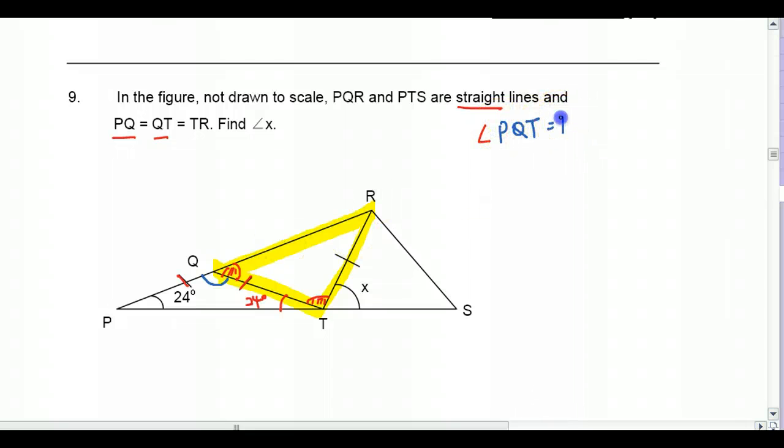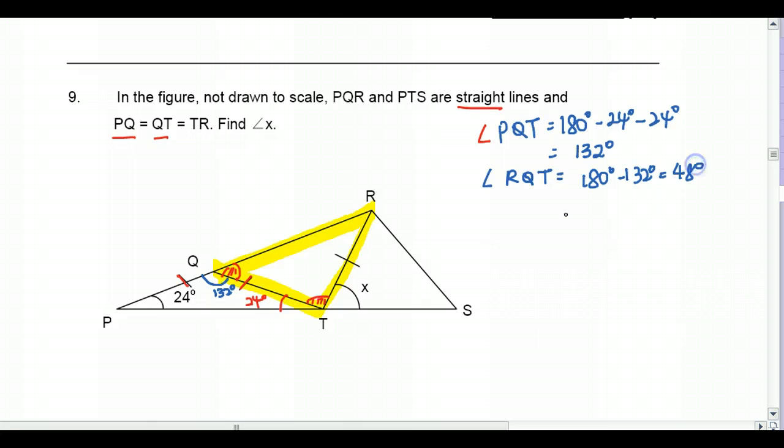So angle PQT is 180 degrees minus 24 degrees minus 24 degrees, which will give me 132 degrees. Therefore the next one to find is angle RQT, which is 180 degrees minus 132 degrees, which is 48 degrees. Alternatively, I'm going to show you, you can look at this triangle.